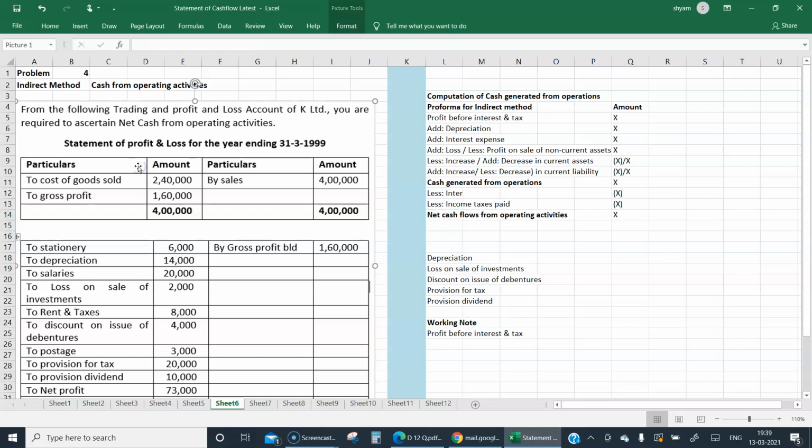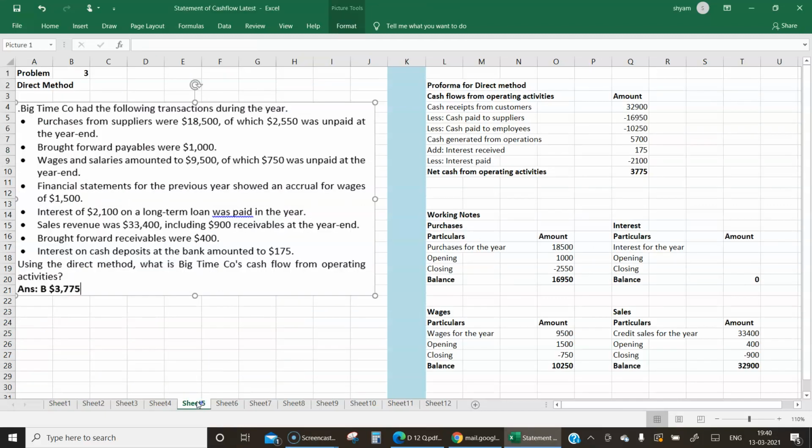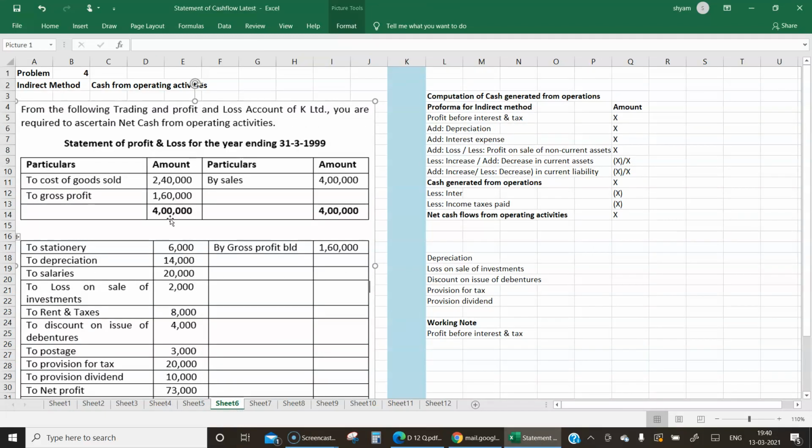We could also see where it exactly comes in. But there's one more element here, which we'll see later. This is the statement of profit and loss for the year ending 31/3/1999. Don't worry about the year, I think there's some typo.